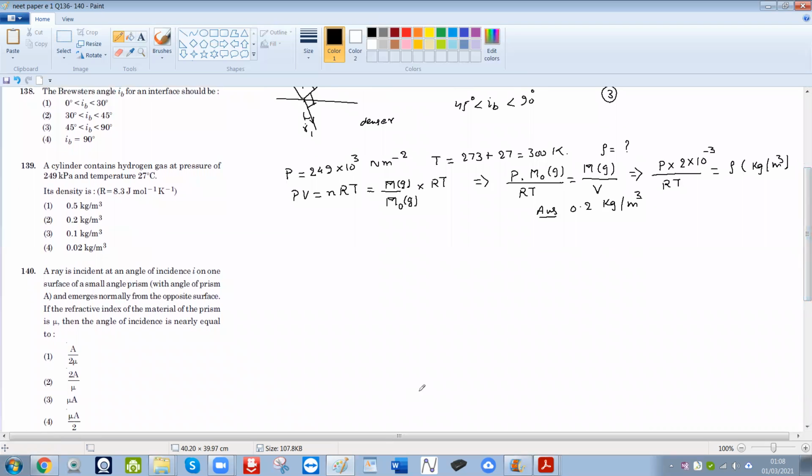Next question is based upon refraction of light through a triangular prism.